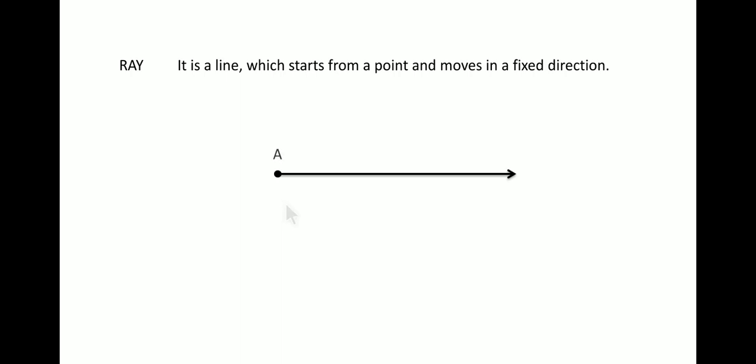Let's say this point is point A, and let's consider any point out here, that is, point B. So AB becomes a ray and it is represented like this. We write AB and we write a small ray on top of it. We draw a small ray, and thus AB signifies a ray.